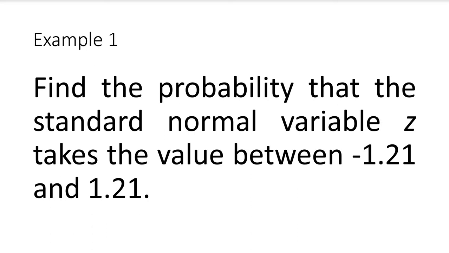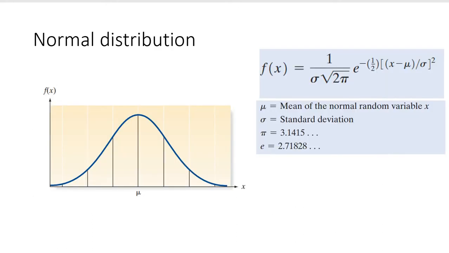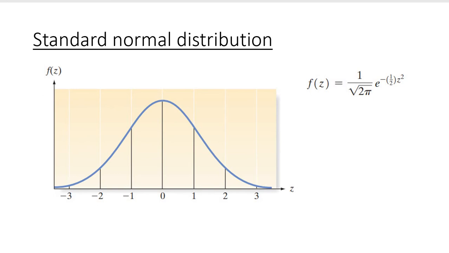We have to find the probability that the standard normal variable z takes the value between negative 1.21 and positive 1.21. So here you have to keep in mind some fundamental properties of normal distribution and standard normal distribution.